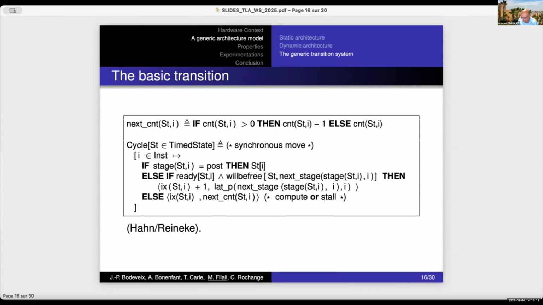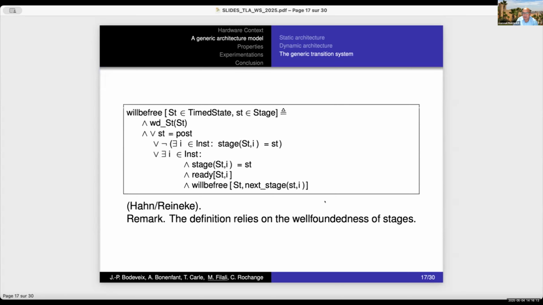same stage. The will be free is expressed in a recursive way, because a stage will be free if either this is the post stage.